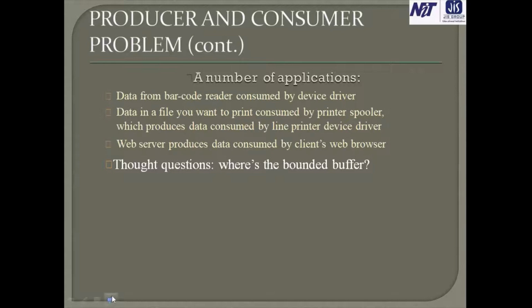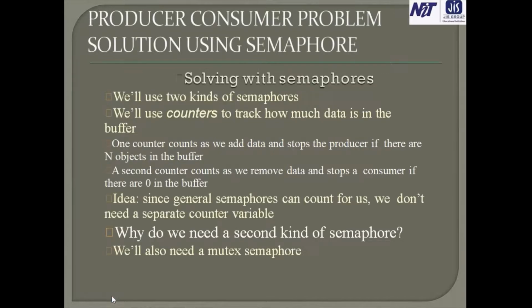There must be a question: where is the bounded buffer? We can solve this producer consumer problem using semaphores. We will use two kinds of semaphore; one is the binary semaphore.